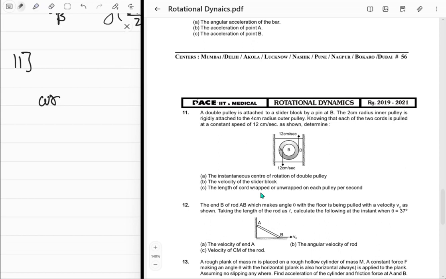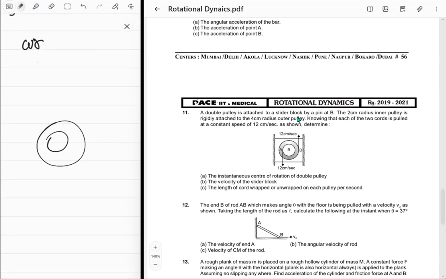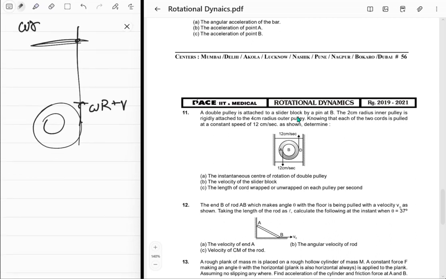Oh, okay. Wait. It is pulled at a constant speed. Oh, not that it is... right. So it's not just the increase in the length of the string outside of the pulley. No. It's being pulled up. So if, for example, this is where it's being pulled from, and we know this string just has omega capital R plus v as the velocity. So in delta t time it will go here, and this whole pulley would have gone up by v delta t.